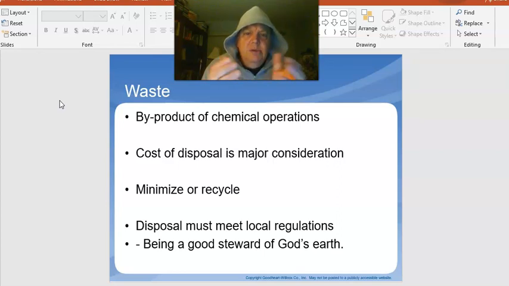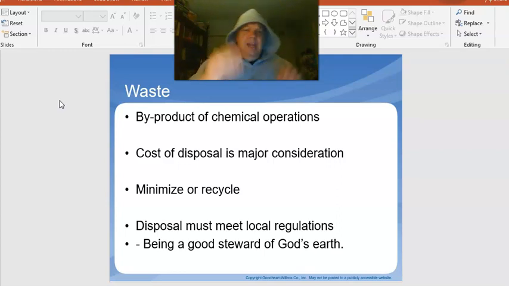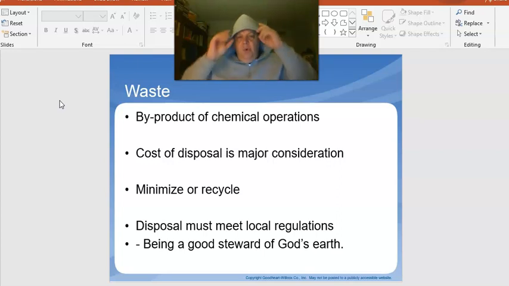Okay? But sometimes there's waste that you've got to get rid of. And how do you get rid of it? That's where the cost of disposal is a major consideration. It's not easy to just throw stuff away. There's a responsibility involved in that.